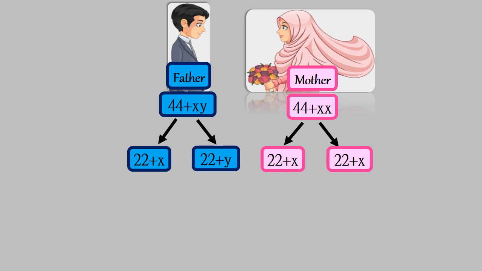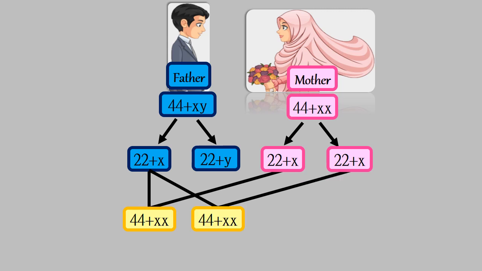The gender of a child depends on the type of sperm that fertilizes the ovum. If the sperm 22 plus X fertilizes the ovum 22 plus X, the gender of the child formed is a female, 44 plus XX.